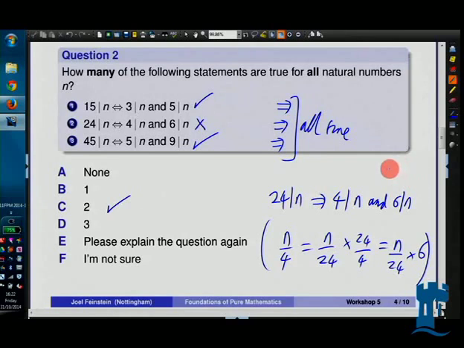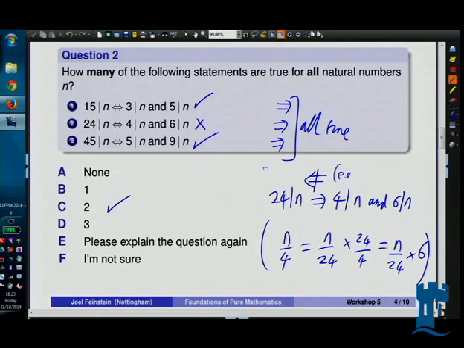But the reverse is false. The converse is false. So who's got a counterexample that shows that it's wrong coming back? You've got 12, yes. So the reverse implication is wrong.